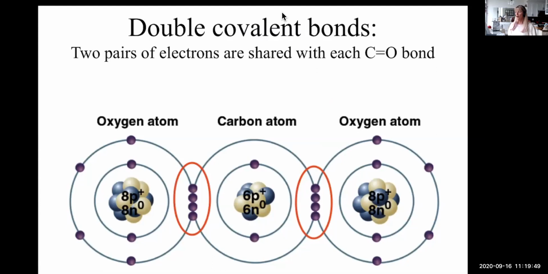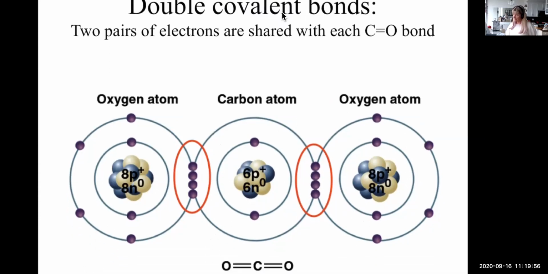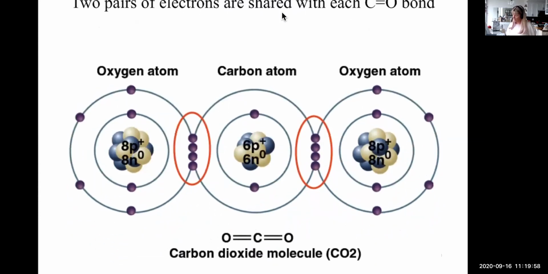Double covalent bonds are stronger than single covalent bonds. In this case, we've got carbon dioxide. A carbon dioxide molecule has 2 oxygen atoms attached to the carbon, and they both share 2 electrons.